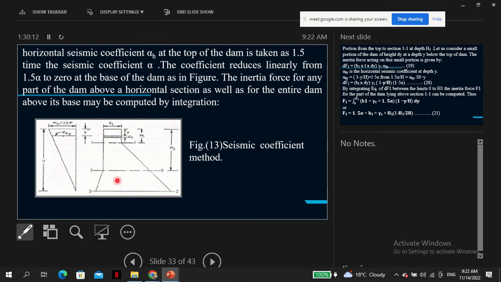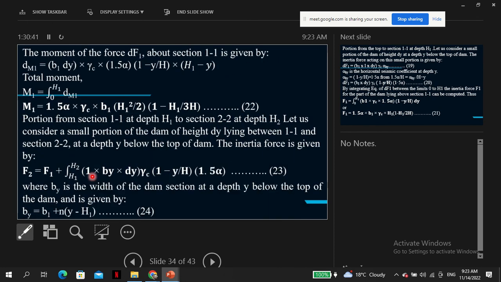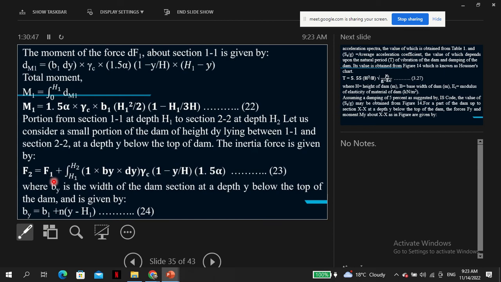And also the integration helps us, because you can see these sections are different, so you can integrate probably the triangular section first and then the trapezoidal section later, just to help you know. Here at section 1, from here to 1, we already have f1. To get the difference between 1 and 2, this is what we are doing: f1 plus the integral between h1 and h2. Sorry, this is the equation here.